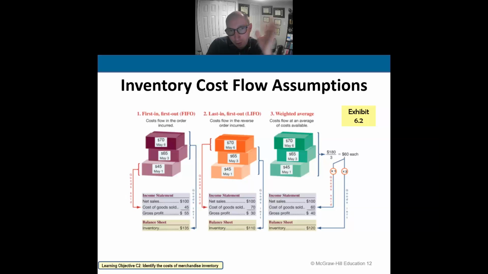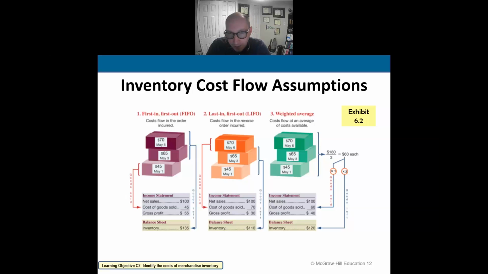The third possible selection for my new store, Aldo, is called the weighted average method. Weighted average is where I average the cost. I made 3 purchases: $45, $65, $70.